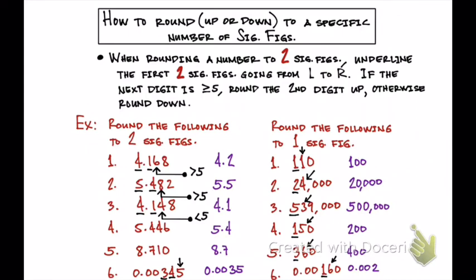So it's not 0.00200, because if you added the 2 zeros there, those would be considered trailing zeros containing a decimal point, and they would count as significant digits. So you would stop at 0.002.